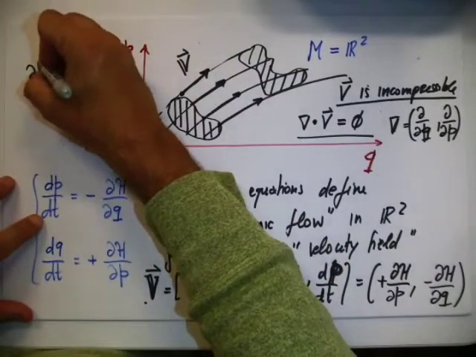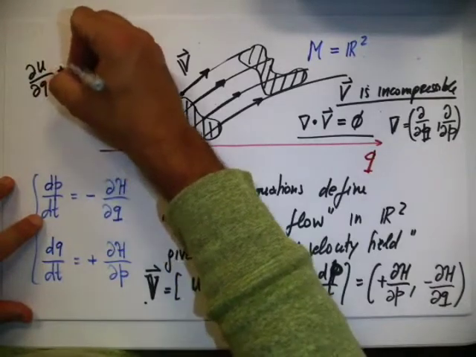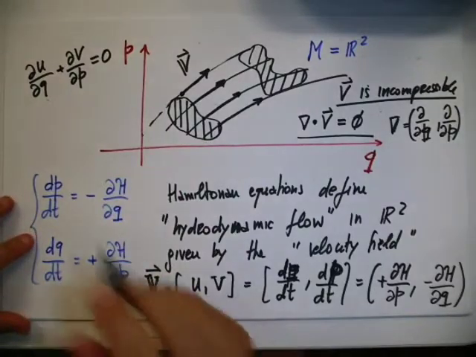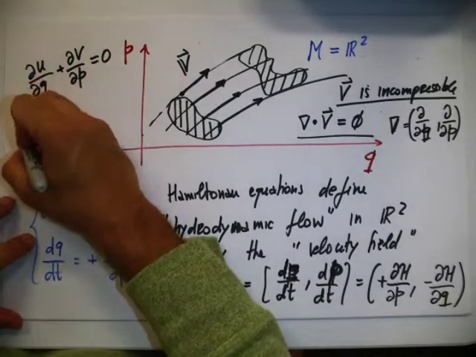So we need to show that du/dq plus dv/dp is equal to 0. But these are equal to what?